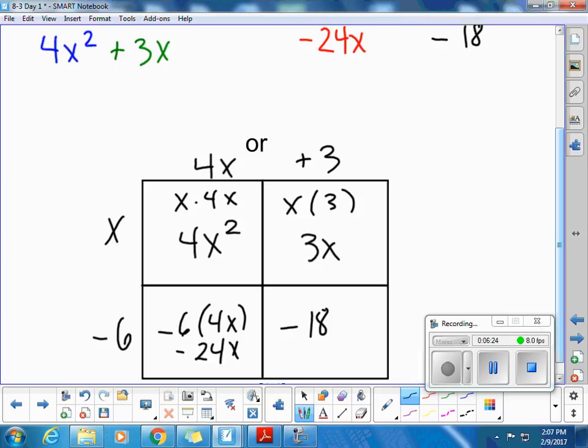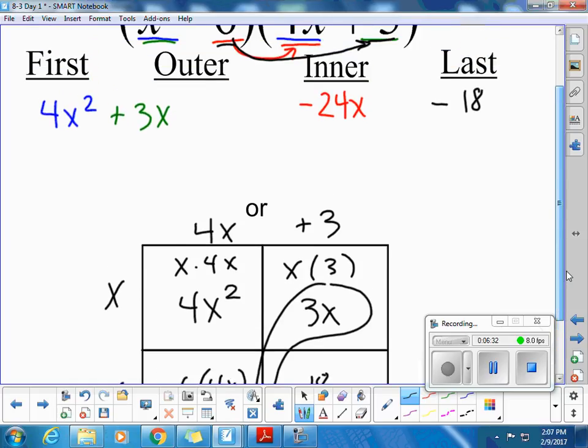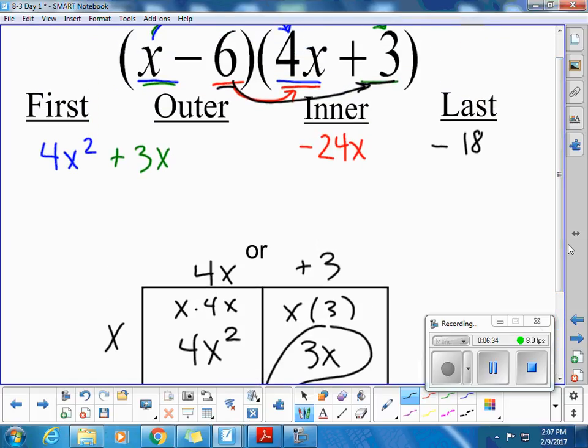If you look here in the other one too, I'm still going to have common terms that need to be combined. So let's go back up. Do we have common terms that need to be combined here? We sure do. I have some x's here and some x's here. So when I rewrite this, my final answer would have been 4x squared minus 21x, because +3 and a -24 are -21.